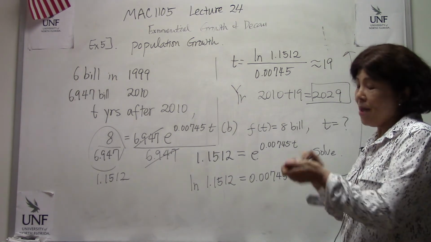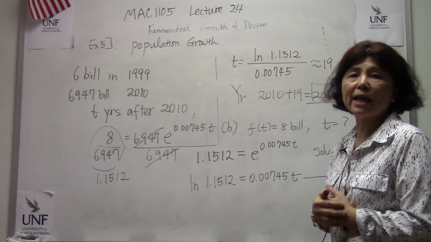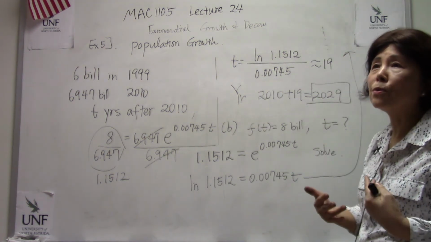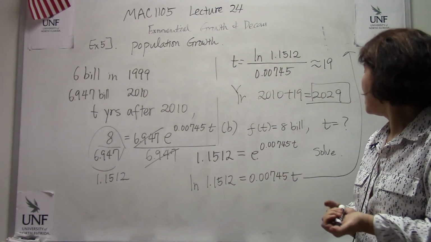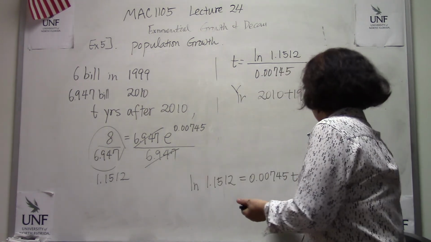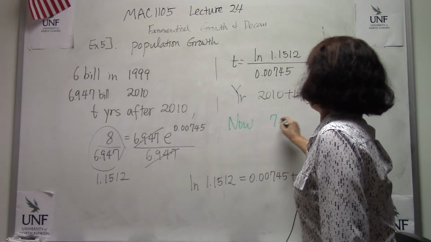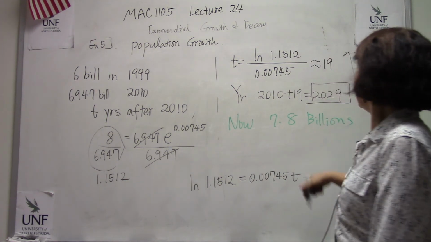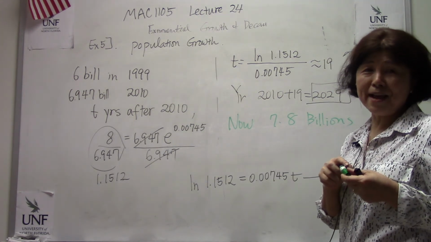Well, how accurate is this model? In terms of a calculation, this is what we can do, okay? But when you make a model, of course, the value of the model is how accurate it is. Right now, what is the human population? Right now, we have 7.8 billion. So still how many years left? 9 years left.